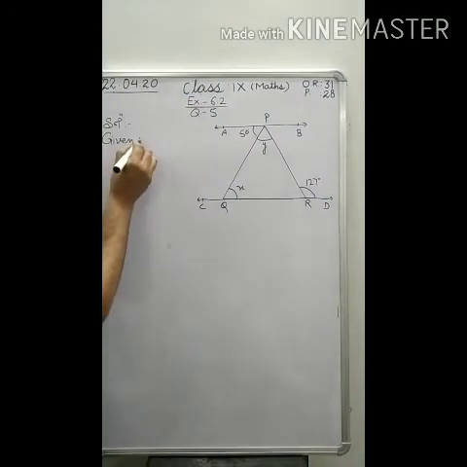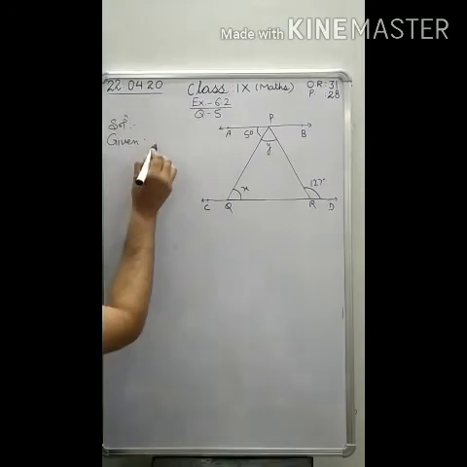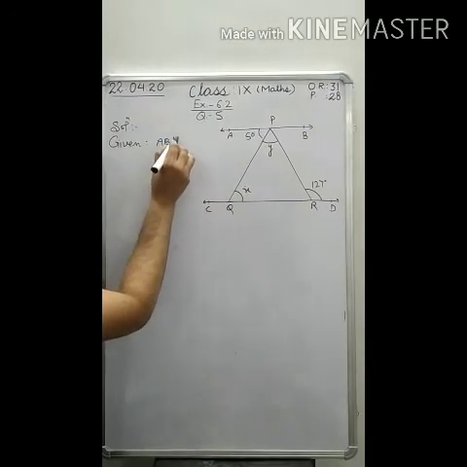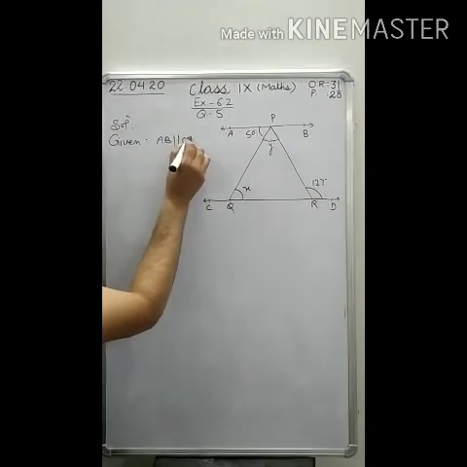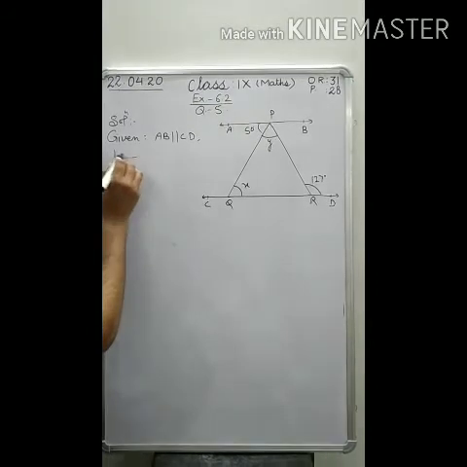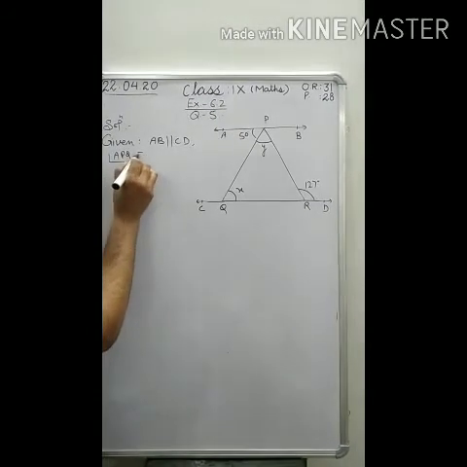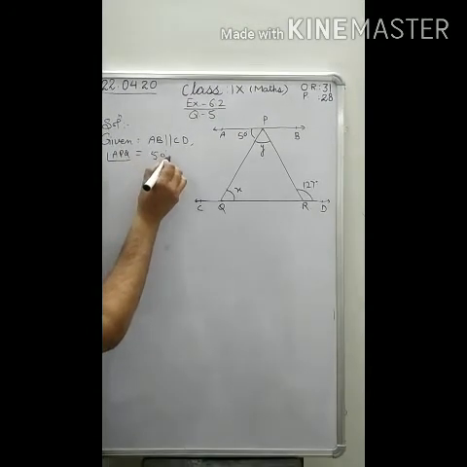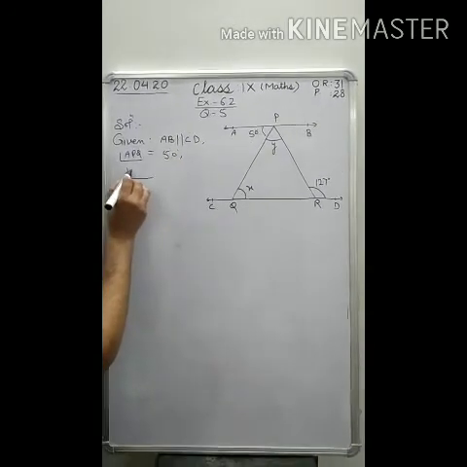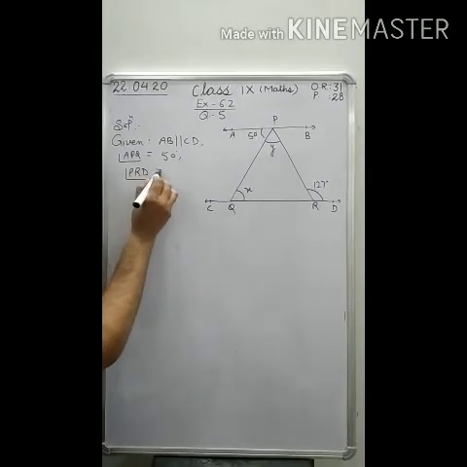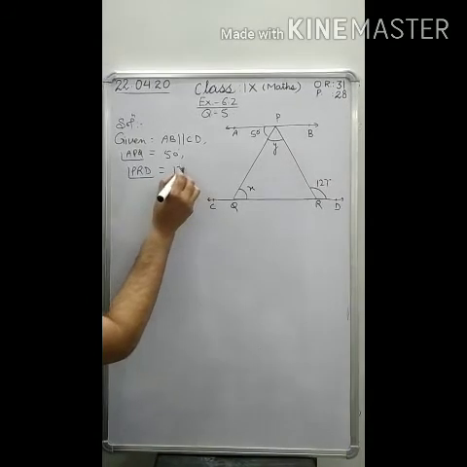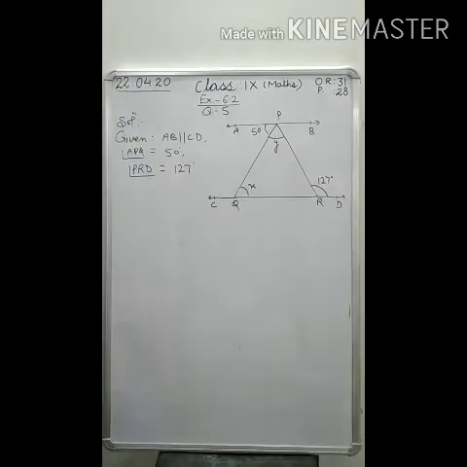Here in this question you have AB is parallel to CD, then angle APQ is 50 degree, and angle PRD is of 127 degree. This thing is given.